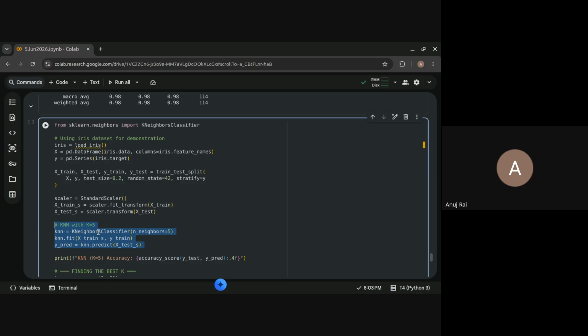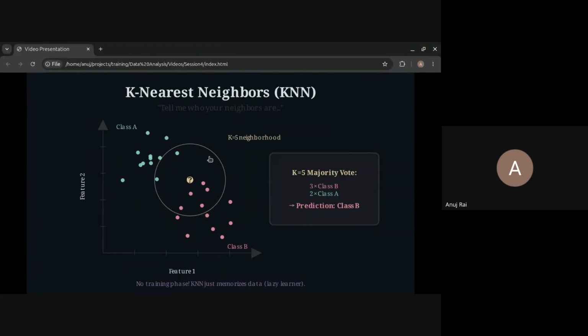And then you initialize the model. Here we are calling KNeighborsClassifier with n_neighbors equal to 5. If we set 5, it will see the 5 closest data points, and based on the majority class among the closest data points, it will predict that class.